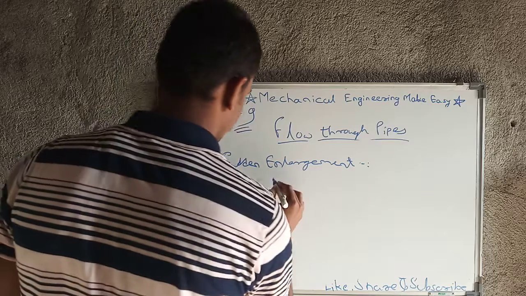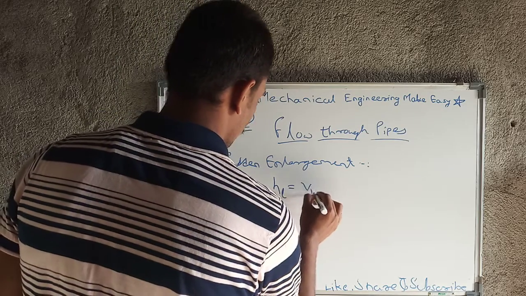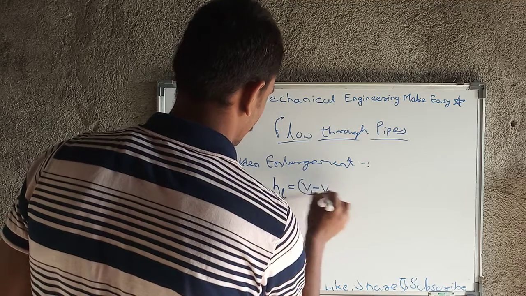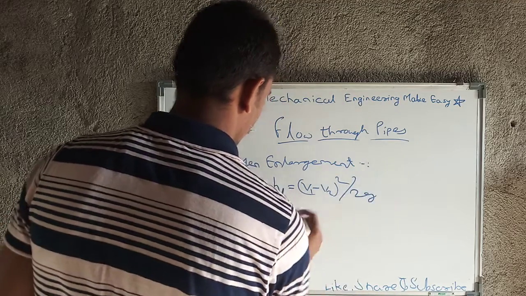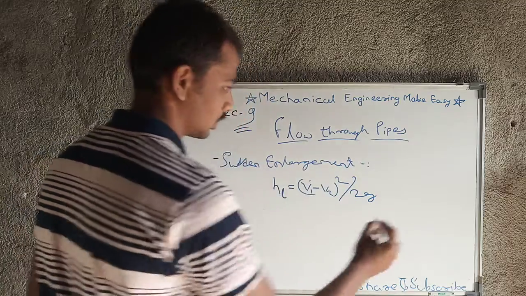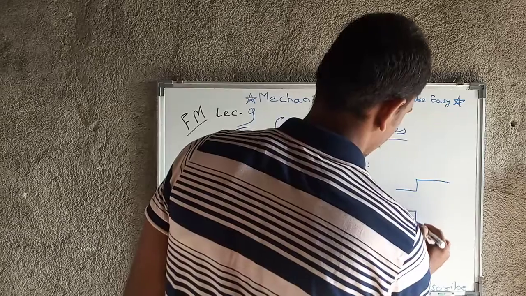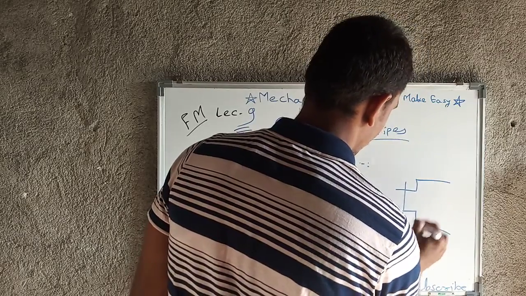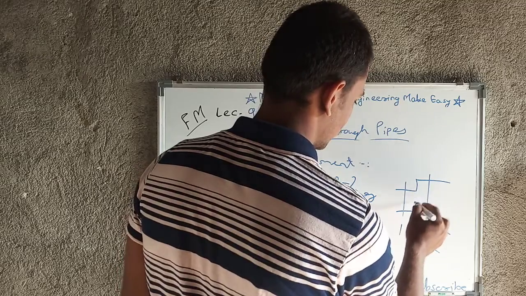In this case, the loss of head is equal to V1 minus V2 whole squared upon 2g, where V1 is the velocity at section 1. I will explain with a figure. This is section 1 and this is section 2, and here sudden enlargement takes place.